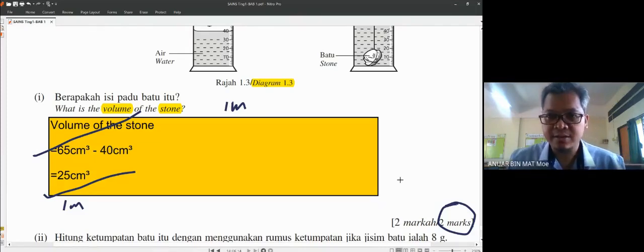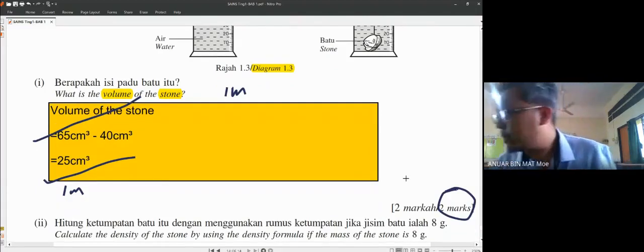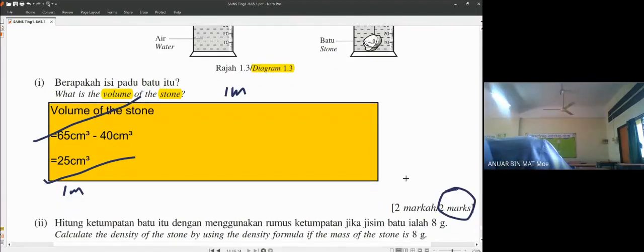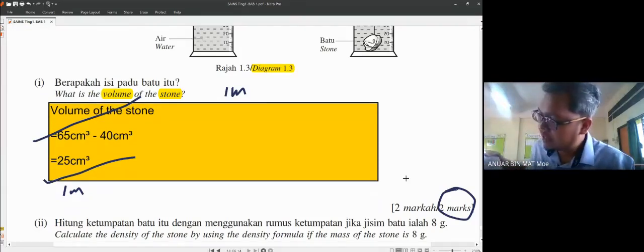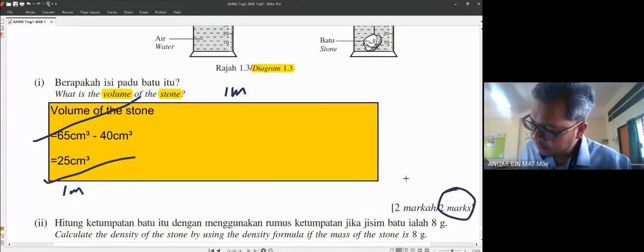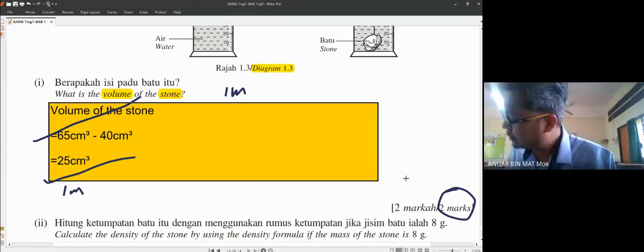So it is 25 centimeter cubic. Why does the answer in the book say 15? Not 15. 65 minus 40 is 25. 40 and then raised to the 65. Yes, 25. Not 15.